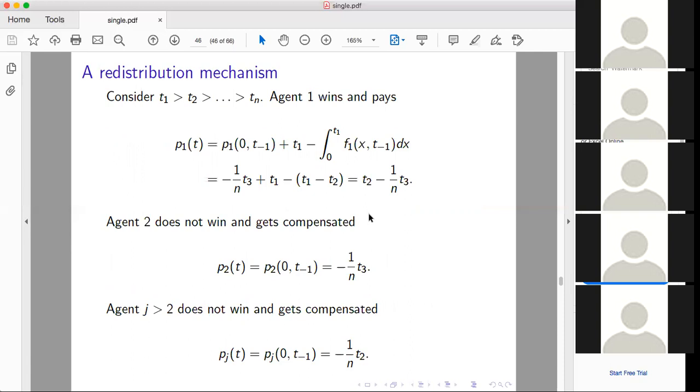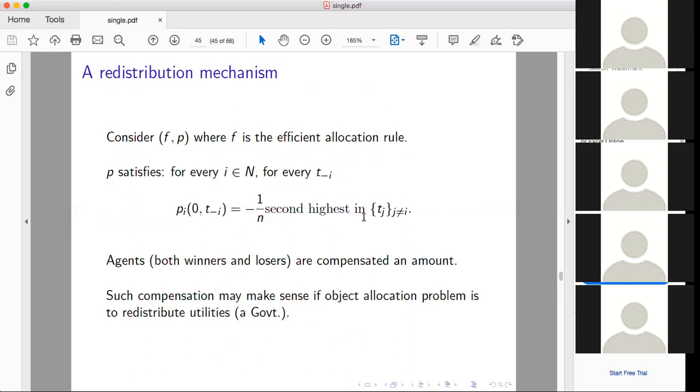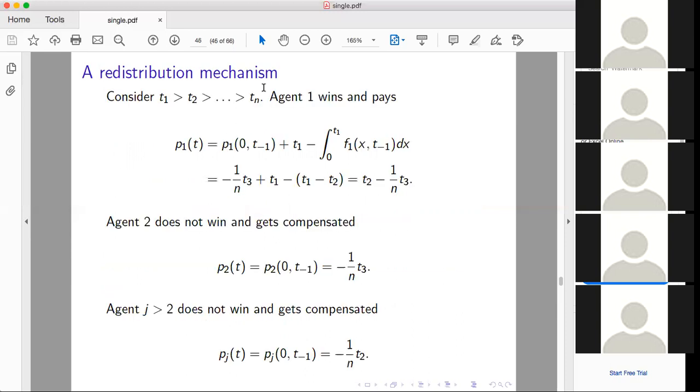Instead of the second highest, try to do the highest of Tj; you should definitely try that. All I can say for intuition is that the pi 0 t minus i terms are so cleverly chosen that the terms cancel each other out, and essentially the amount of payment that we collect converges to zero.